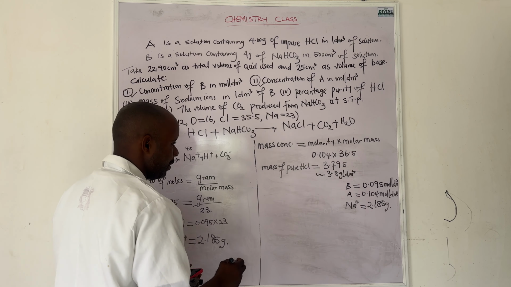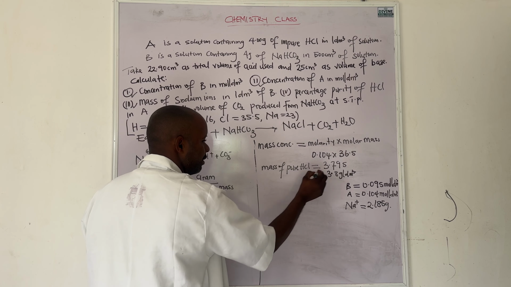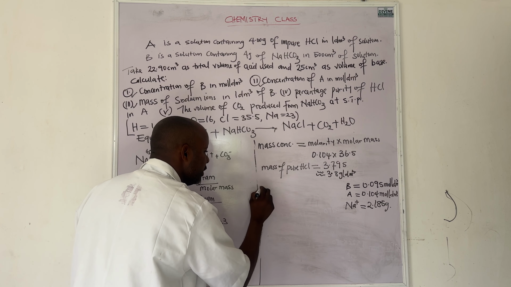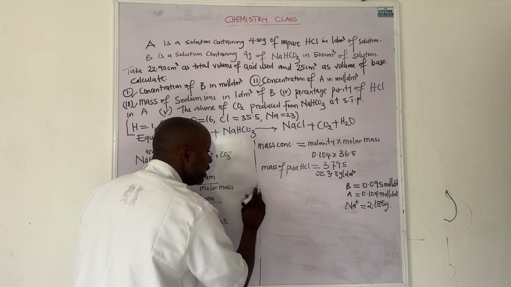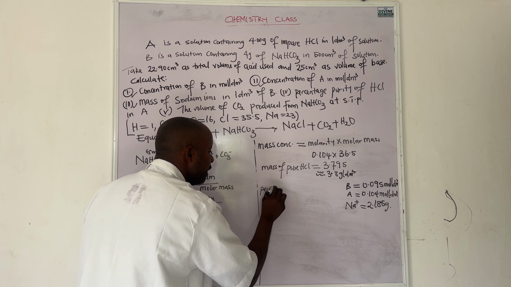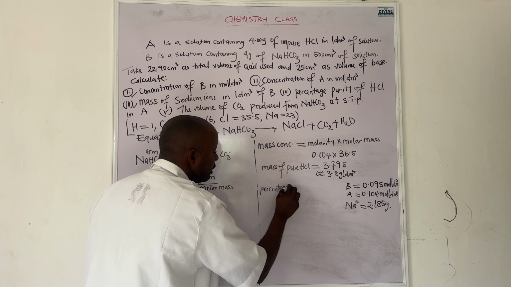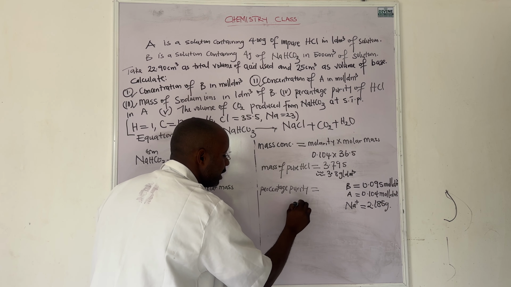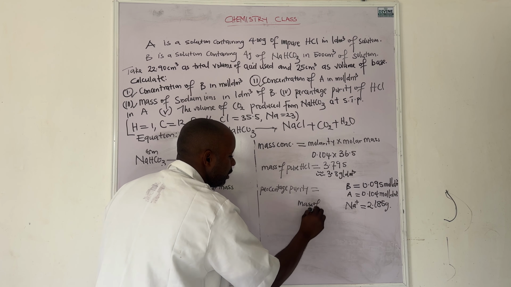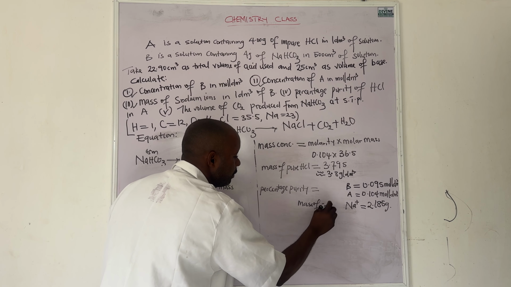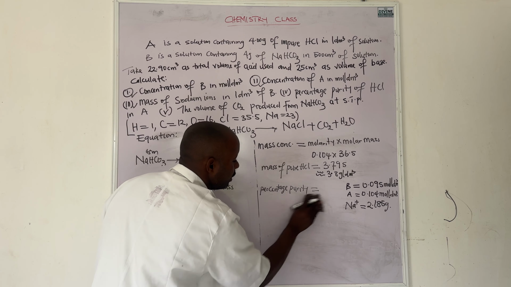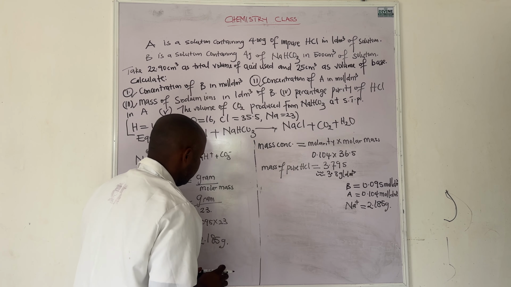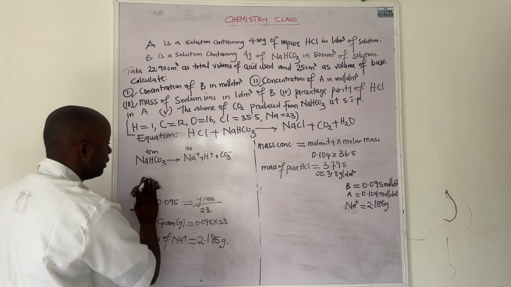Now we can solve for percentage purity. Percentage purity is given by the mass of pure over the mass of the sample. Let's bring it down here.